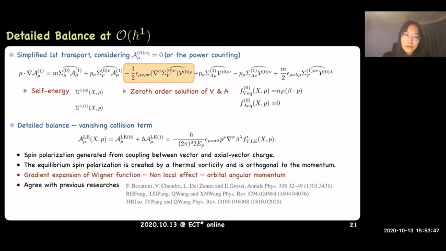It comes from the h bar expansion, and the h bar expansion also takes in the gradient expansion. There are derivatives on x. In this sense it's non-local in the derivative sense. Okay.